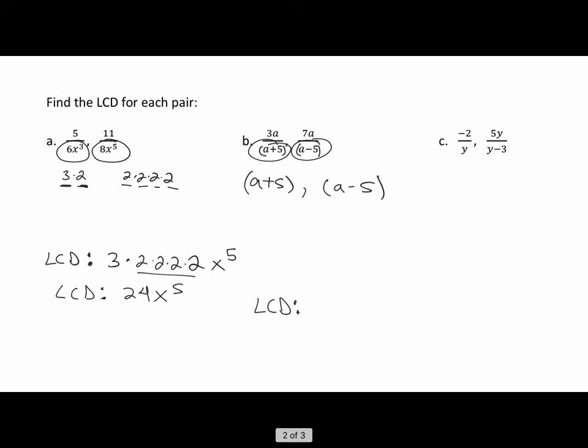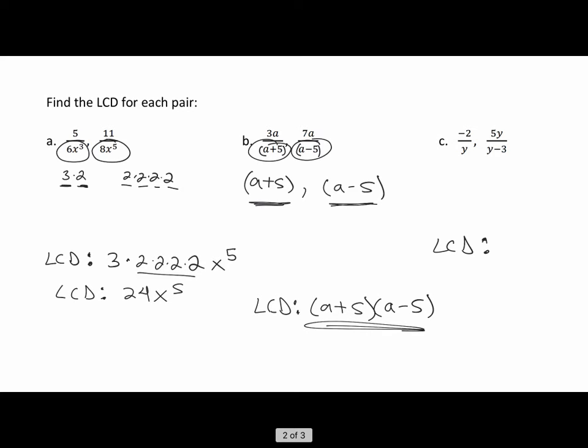Those can't be factored any further, so I need this unique factor that appears at most one time, and this unique factor that appears at most one time. You will agree that those factors are different, right? One has a plus sign, one has a minus sign, so I need both of those unique factors in my LCD. And I'm not going to multiply these together. The whole point of a least common denominator is to get everything into factors, so that is perfect just the way it is.